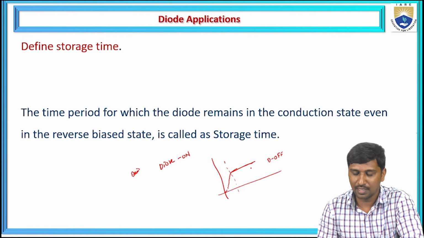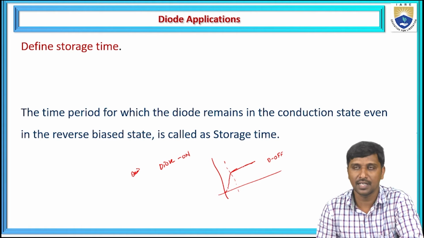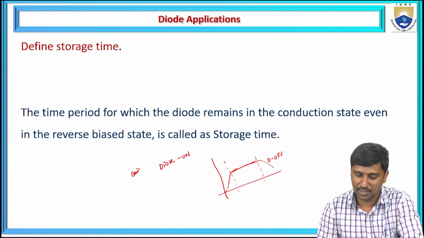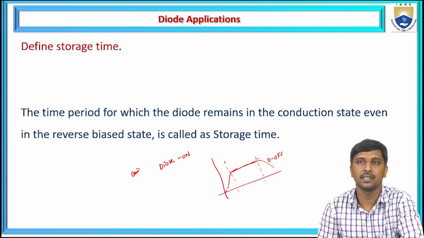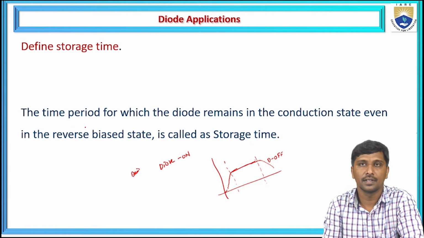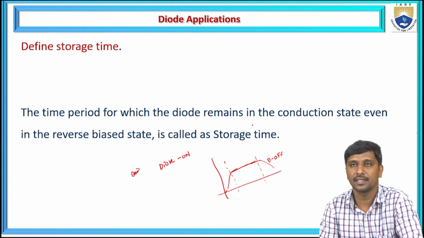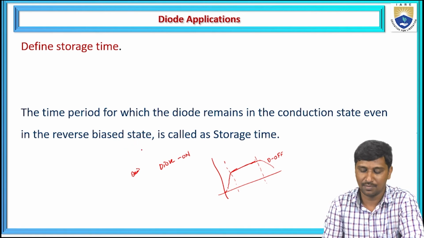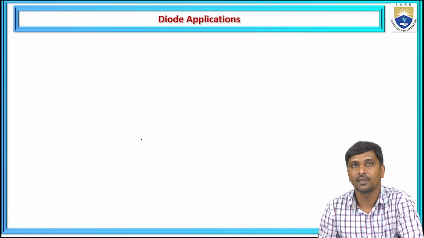But even though the input suddenly decreases, there is no sudden decrease of the output voltage to the minimum; it decreases slowly. Even if you apply the reverse voltage, the time period for which the diode maintains the same output is called the storage time. The time period for which the diode remains in the conducting state while reverse biased is called the storage time.